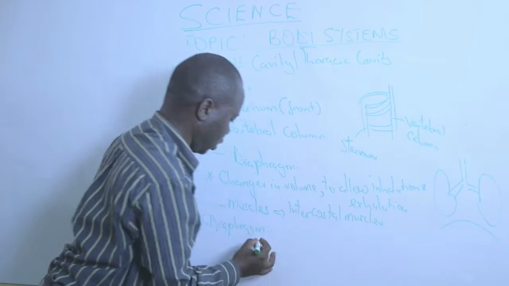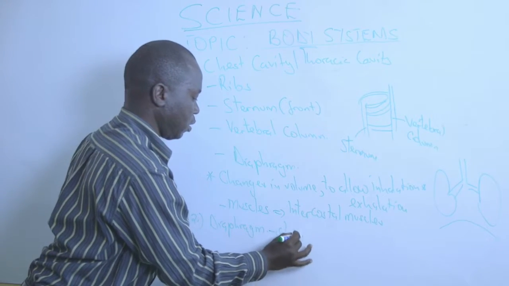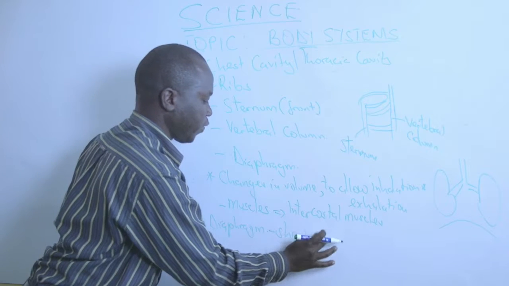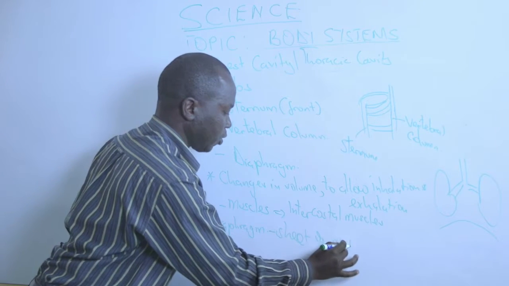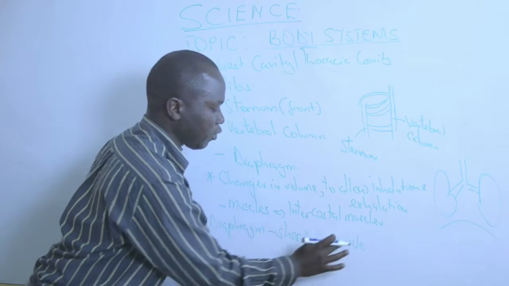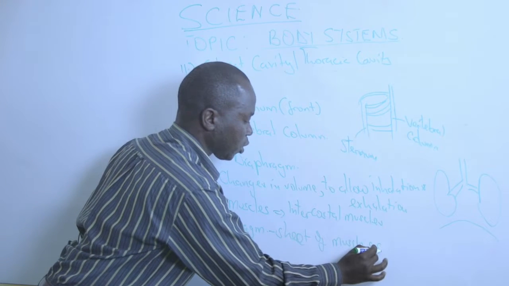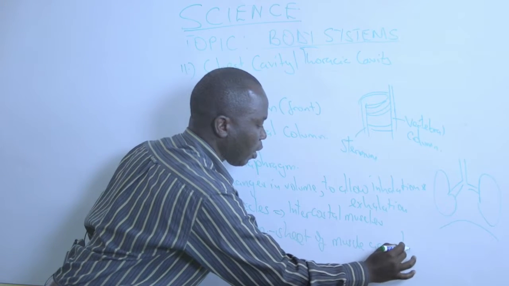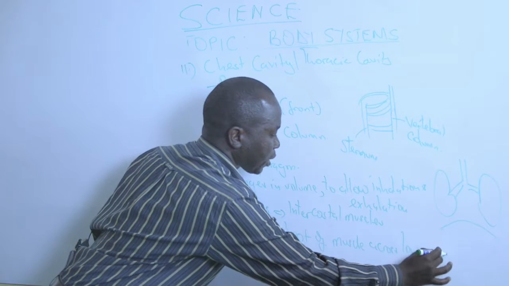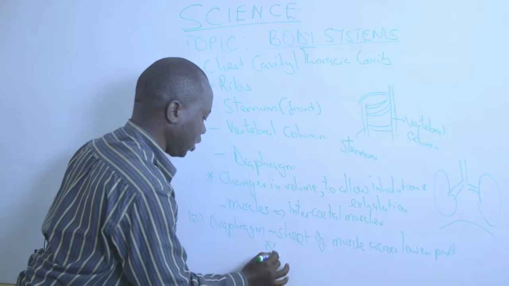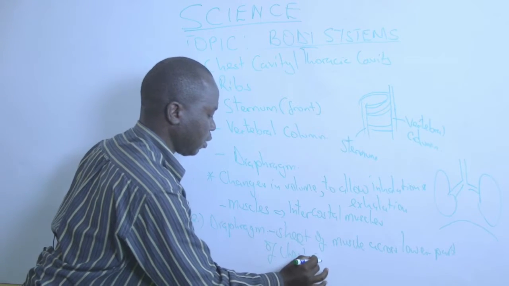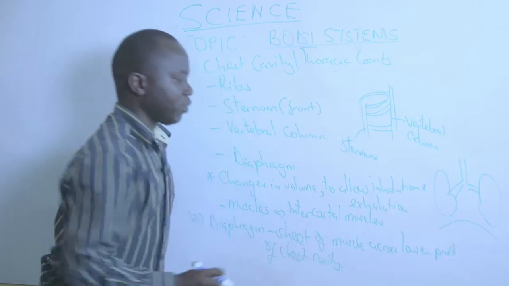So this is a sheet of muscle across the lower part of the chest cavity.